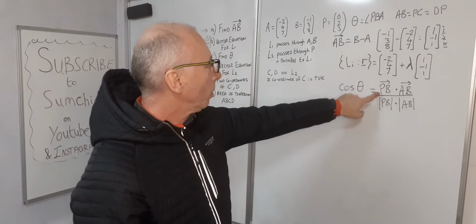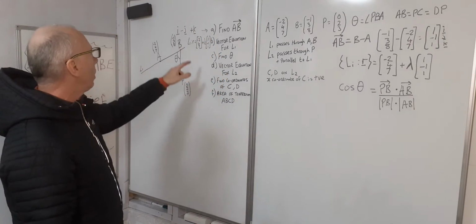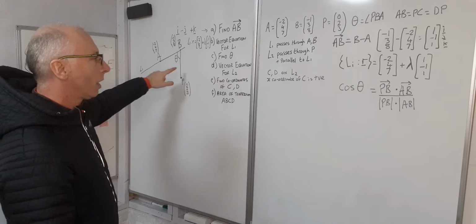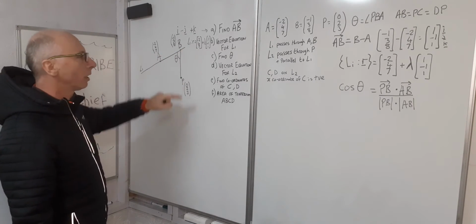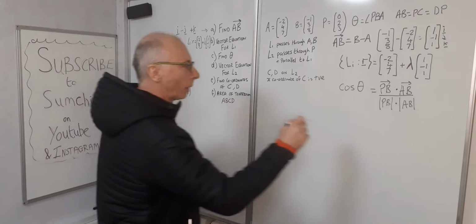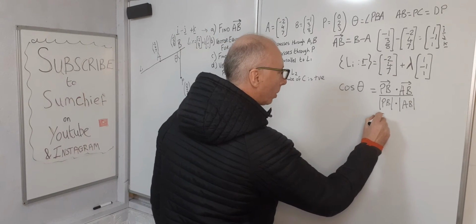So PB, what is PB? Well, for a position vector PB, we basically just take B from P. So let's just advance on that a little bit more.